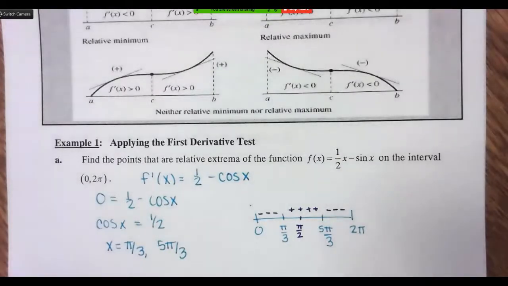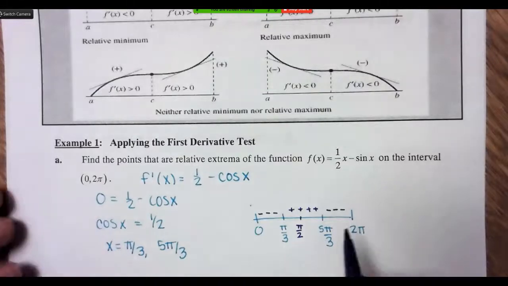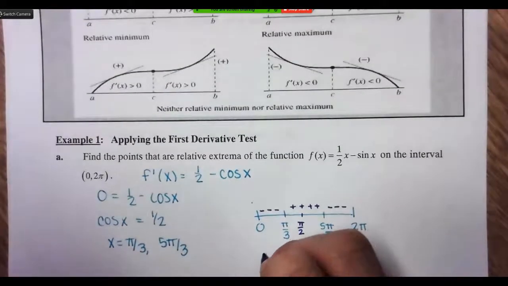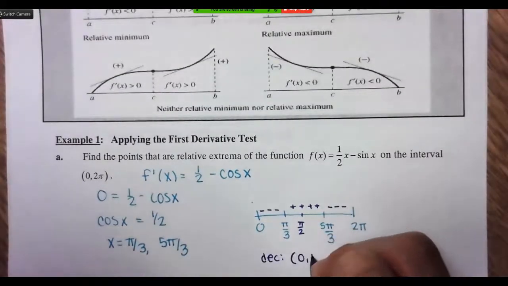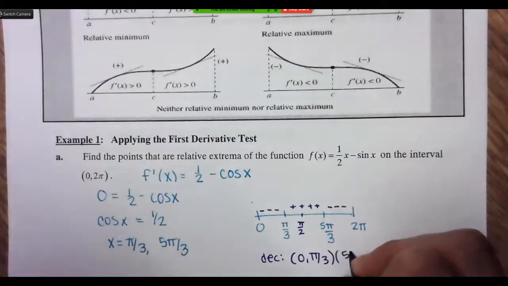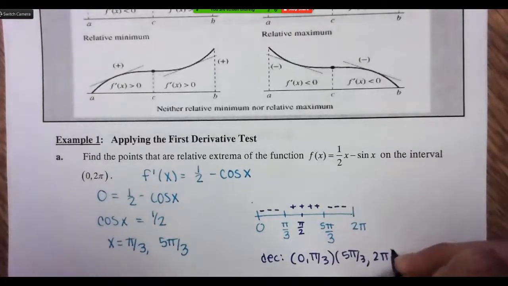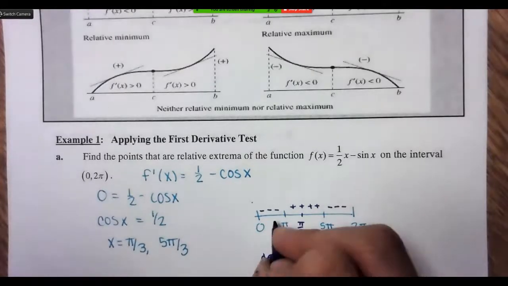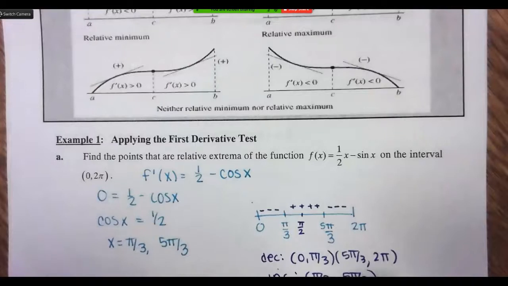So we have negative, positive, negative, which tells me that my original function is decreasing from 0 to pi thirds and 5 pi thirds to 2 pi, and increasing from pi thirds to 5 pi thirds, which means that there is a relative min at x equals pi thirds and a relative max at x equals 5 pi thirds.